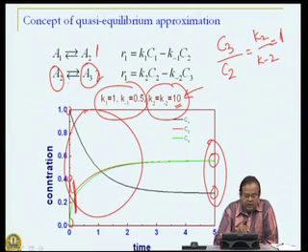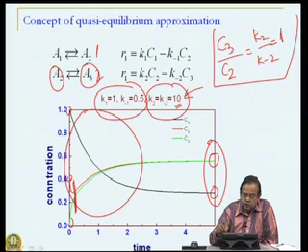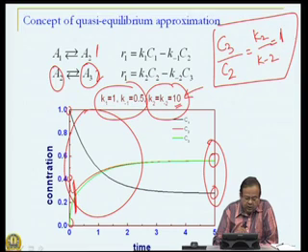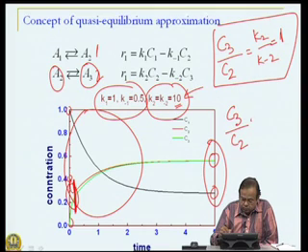So, when we had that scenario, we see that the second reaction reaches C3 by C2 equal to 1 much faster, and for all practical purposes, except this time period over here, for the entire time period I can assume that C3 by C2 is almost equal to 1.